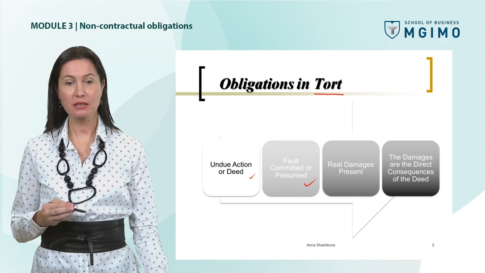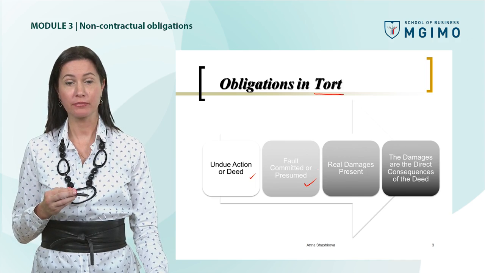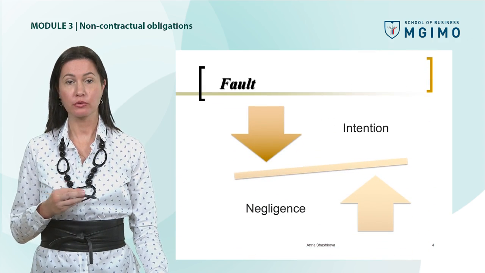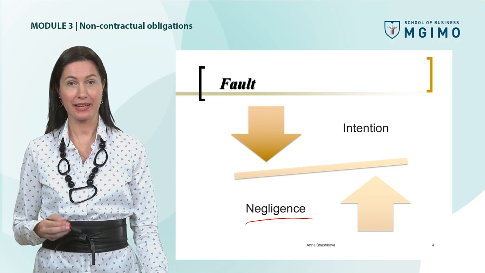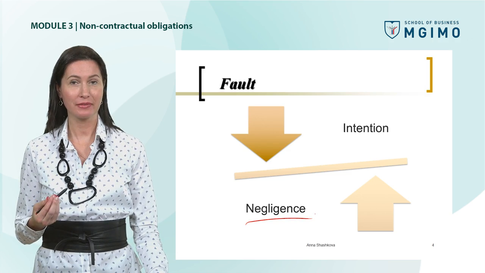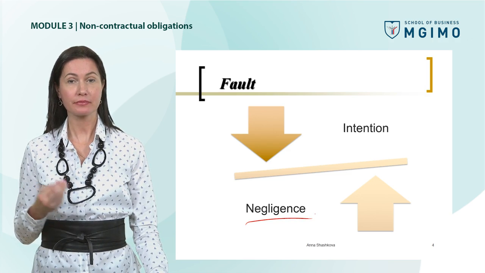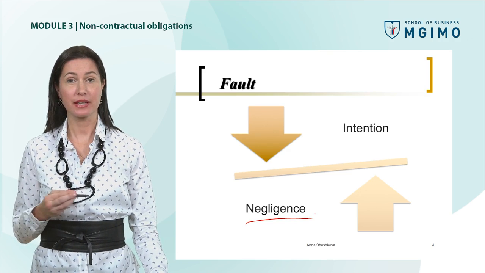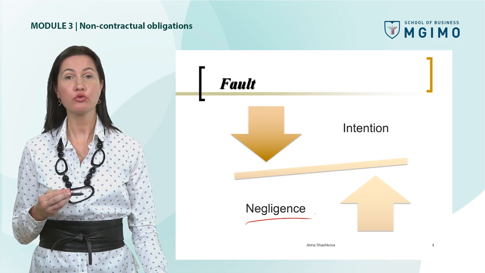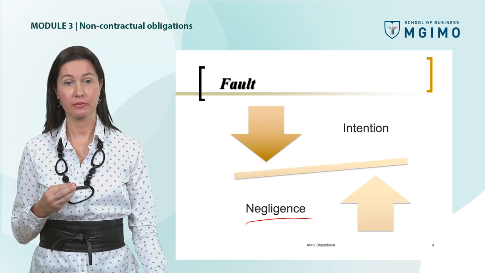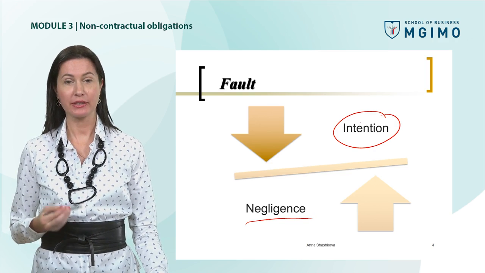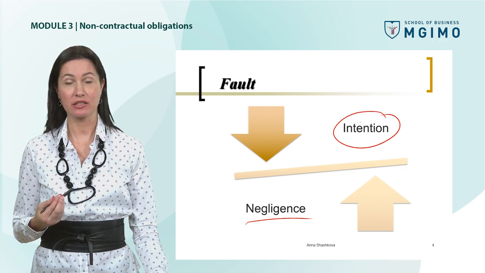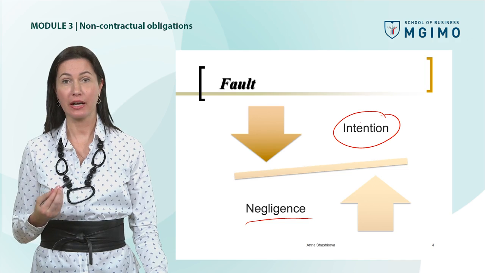Second, there must be fault present. When we speak about fault, so you threw the bottle out of the window, most likely it is negligence, so you did not think that you will damage somebody, but you should have thought about this. If we speak about intention, you intentionally threw the bottle out of the window.